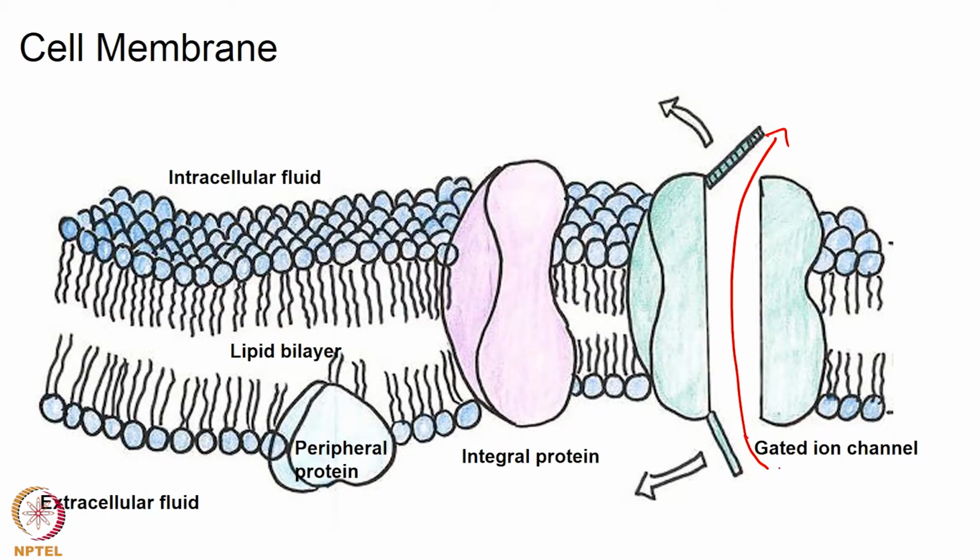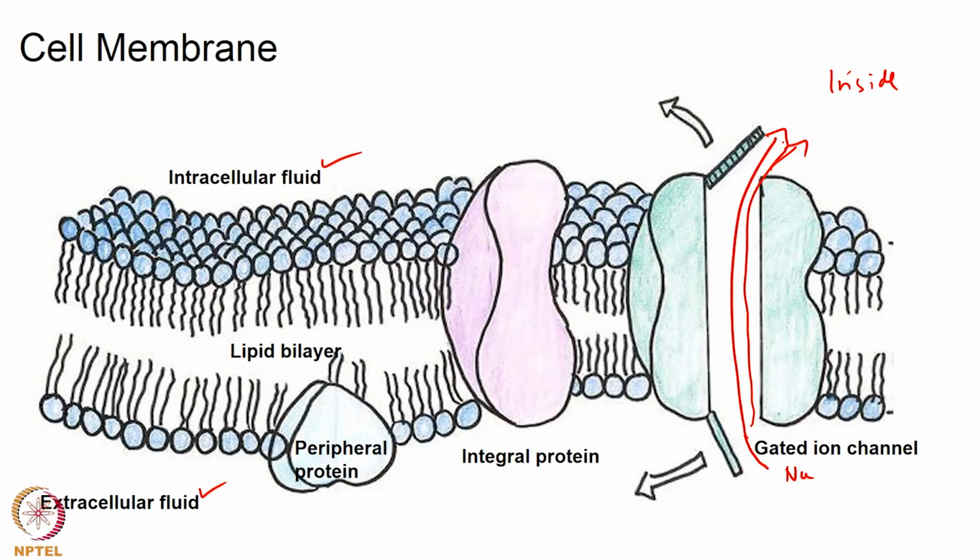Say, for example, this is a sodium channel, and this is the extracellular fluid and this is the intracellular fluid, the inside of the cell. That means the amount of sodium is less on the inside. If there is a lot of sodium outside, the flow is going to be directed in that direction, is it not? So, it is going to flow from outside to the inside.